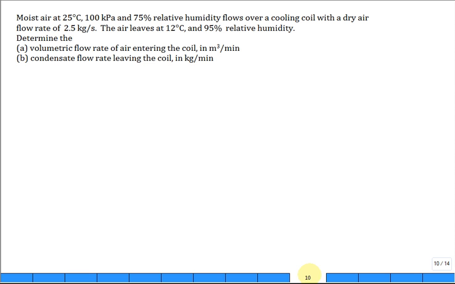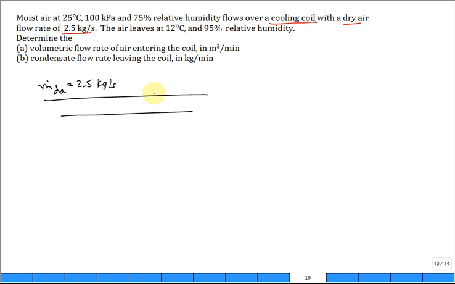So moist air at 25 C, 100 kilopascal, and 75% relative humidity flows over a cooling coil with a dry air flow rate of 2.5 kilograms per second. So the mass flow rate of dry air is 2.5 kilograms per second. And you flow over a cooling coil. It comes in at state 1, exits state 2.